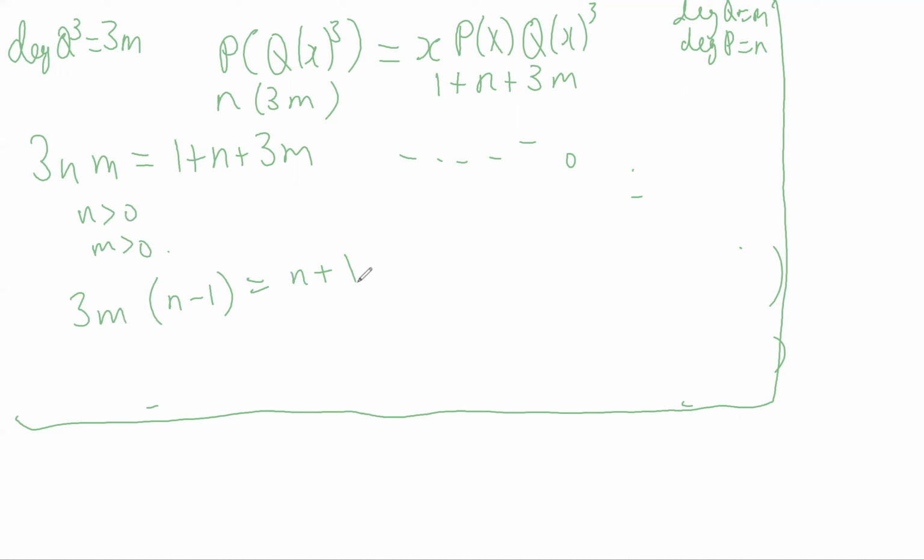So if you're timesing something by 3m, it has the net result of adding 2 to it. So that has to be a very small number.